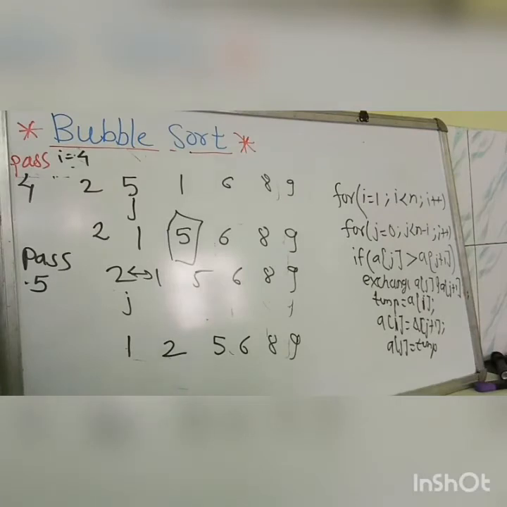So we have come to our final answer, that elements are sorted by using the bubble sort method. It always compares with its neighboring elements, and if it is greater than the neighbor, it will change its position, and in each pass it will take one biggest element to the last position, then the second biggest to the second last position, and so on.